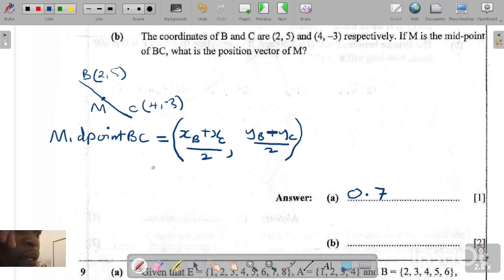Now, what is the x coordinate in B? The x coordinate in B is 2, then plus the x coordinate in C is 4, then everything divided by 2. The y coordinate in B is 5, so we have 5 plus the y coordinate in C is -3, so -3 over 2.